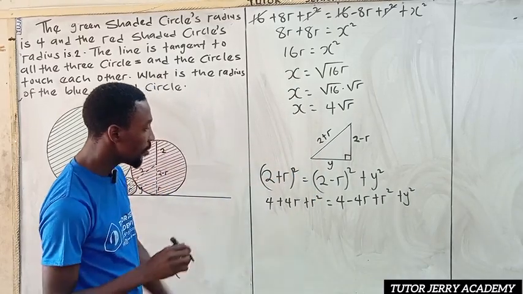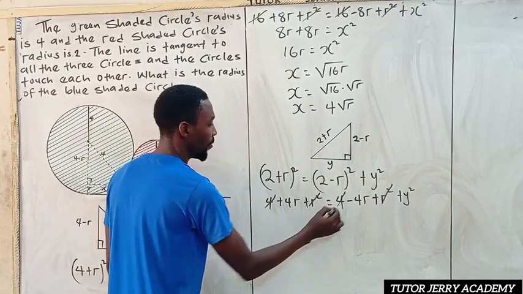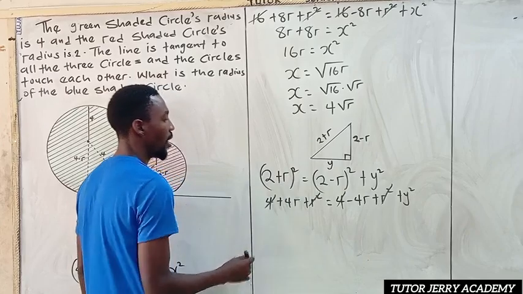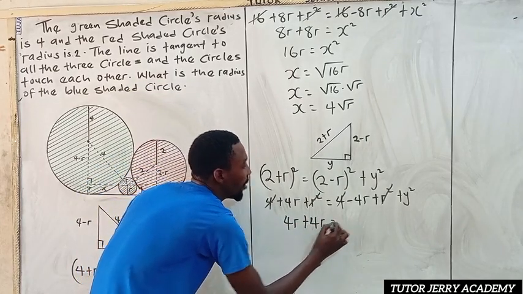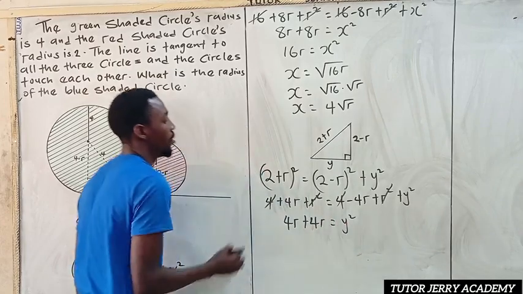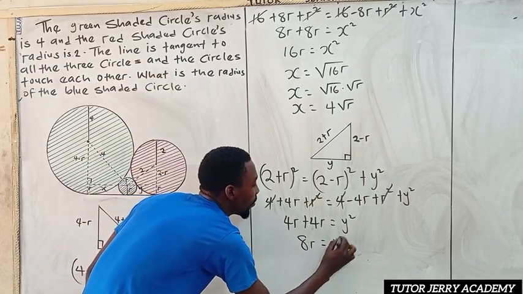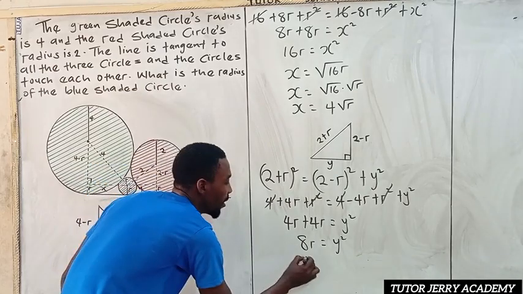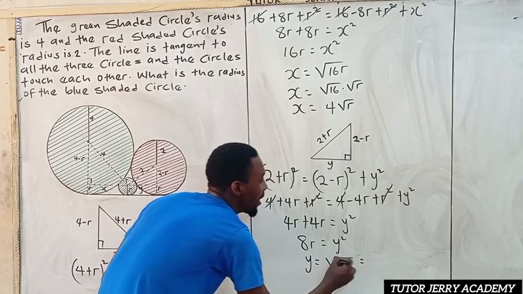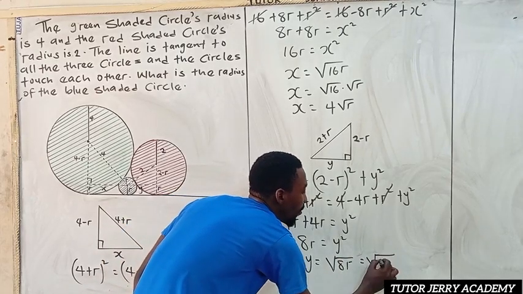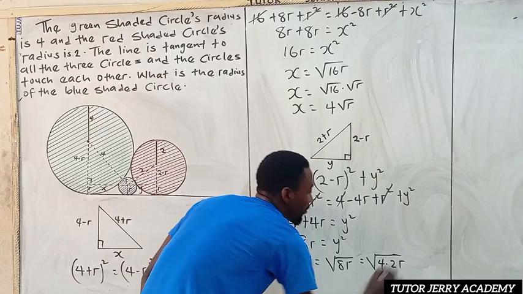All right. So now, we look at this well again. R squared will go with r squared. 4 will go with 4. If I bring this 4r, I'm going to have 4r plus 4r equals y squared. So now 4r plus 4r, that is 8r, which equals y squared. So if I take the square root of both sides, y will be equal to the square root of 8r. And we can write this as the square root of 4 multiplied by 2r.